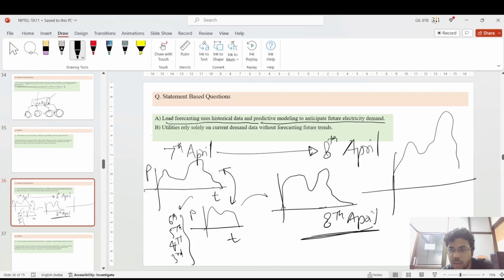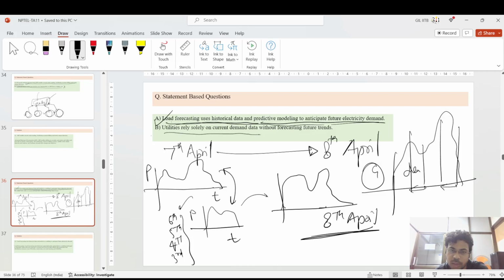That is important for managing how much power needs to be transferred from the generator, because it depends on how much demand there is at what time. Based upon that, which generator is scheduled to supply at that particular time needs to be determined in advance. So the first statement is true: forecasting is done using historical data and predictive modeling to anticipate future electricity demand.